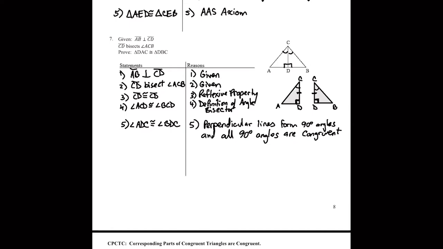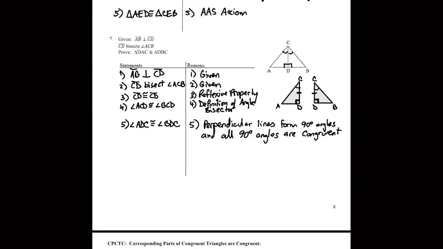If it doesn't, and you need to amend it with a conjunction, then you write the actual definition and then include the conjunction, because you wouldn't want to say definition of perpendicular lines and also all 90-degree angles are congruent, because that just doesn't flow. We're looking for something that actually flows. Sorry, took a sip of water, went down the wrong pipe.